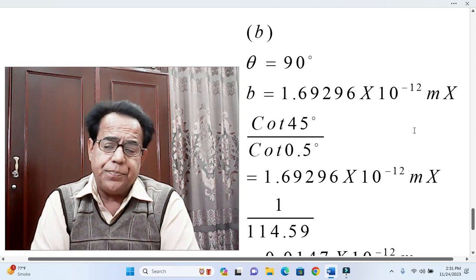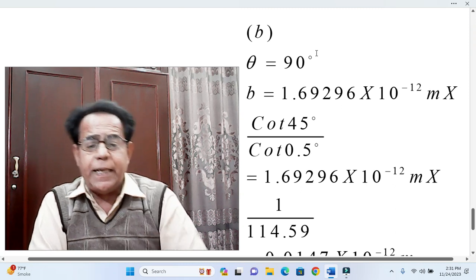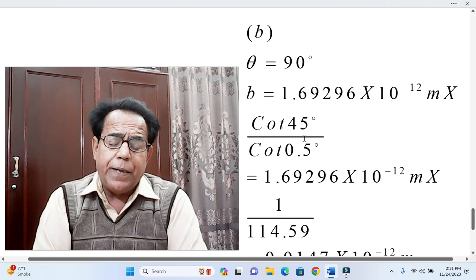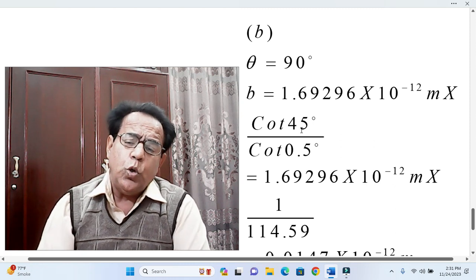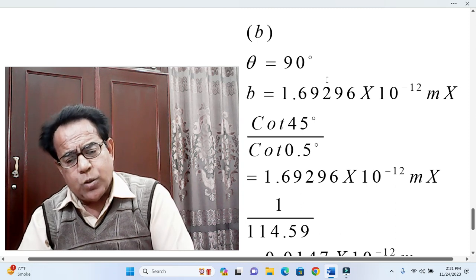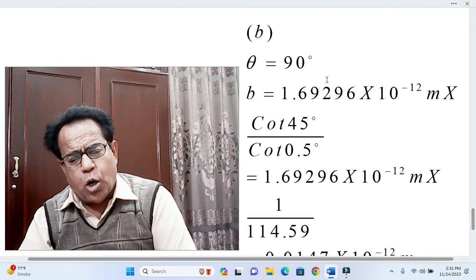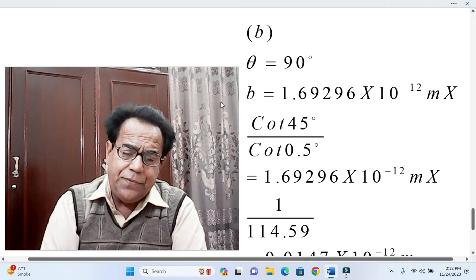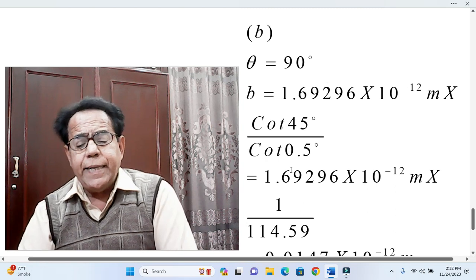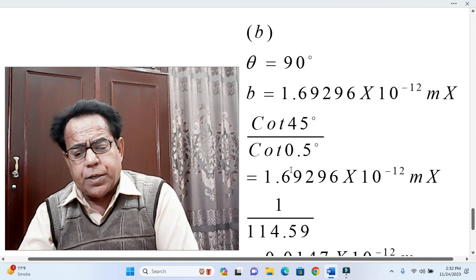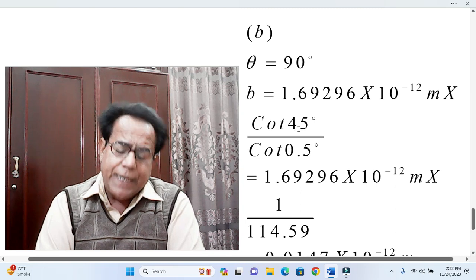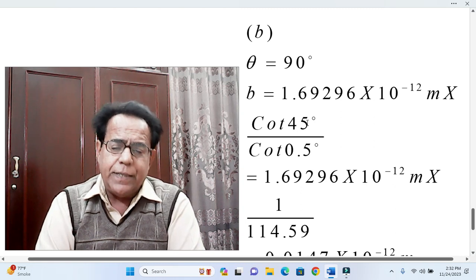Because in part A, cot 1 by 2 was used, but now we need to cancel the effect of that cot 0.5. That is why we are dividing by cot 0.5 degree, so that part A may become without cot 1 by 2. And we are multiplying it with cot 90 by 2, that is cot 45 degree.